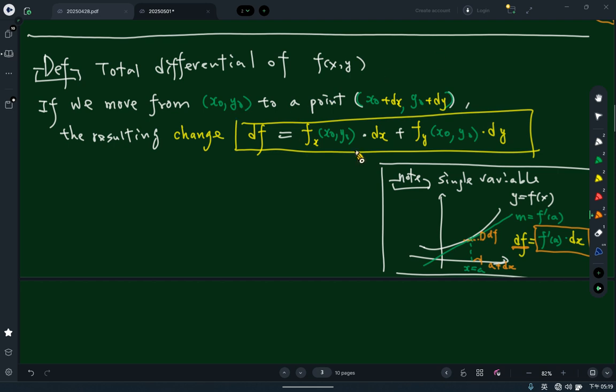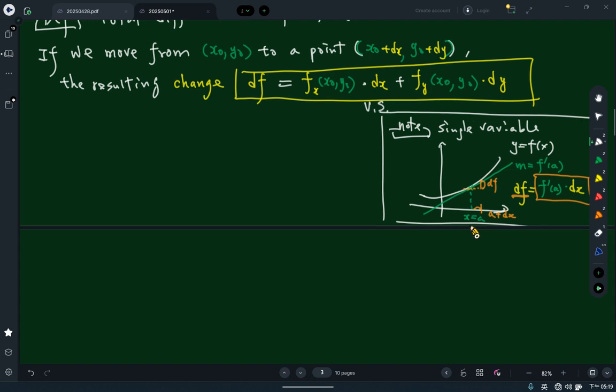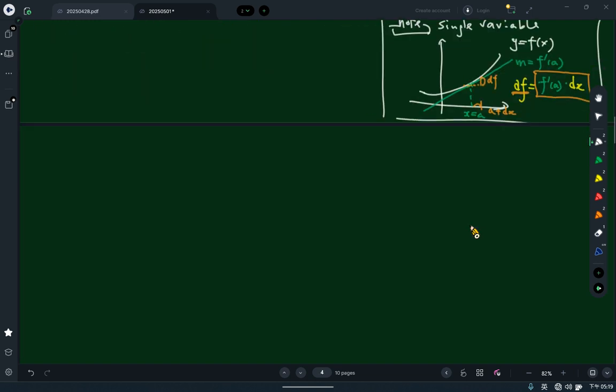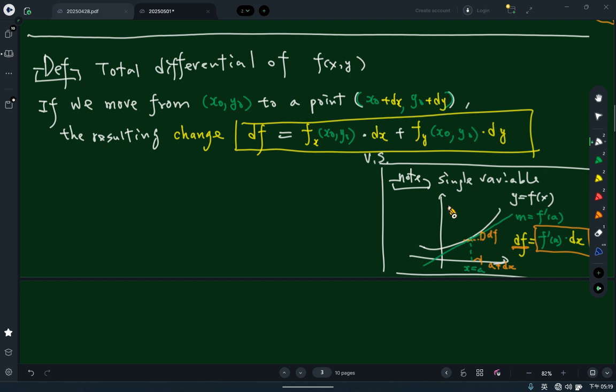Okay, so I just give you an example. Please make a comparison between single variable and two variable function. Maybe I can show you the example on the same page. For example, if there is a can, this is a can, right?